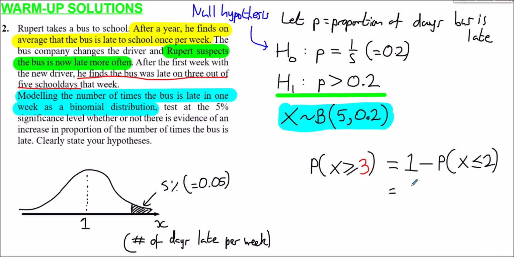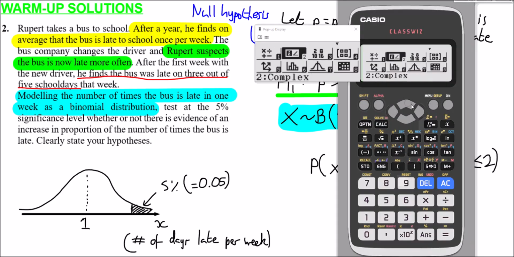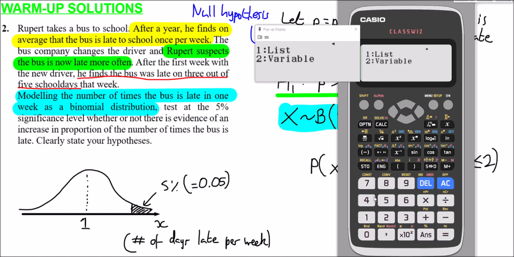Now, generally speaking, if we have a binomial distribution where the question can be stated in terms of an inequality, we can use the binomial CD function on the calculator. So we press menu, we go along to option 7 on the ClassWiz, we go down to binomial, not PD, but press down and go to binomial CD.